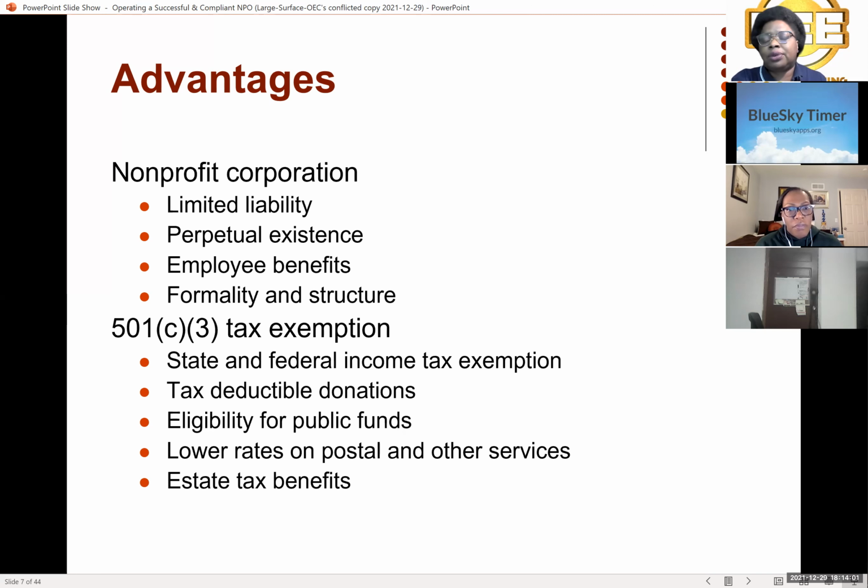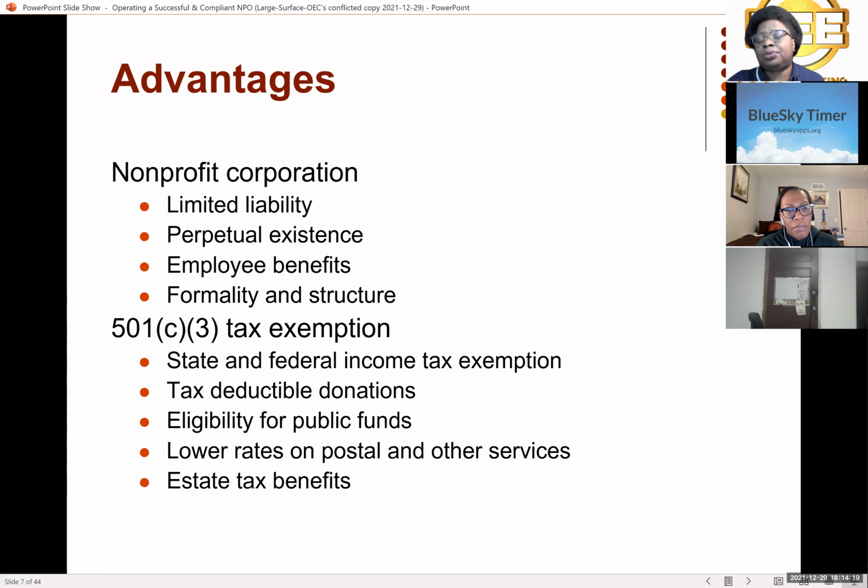As far as the 501(c)(3) tax exemption, you get federal and state income tax exemptions. You will have to check with your attorney or your accountant about local taxes. You get tax deductible donations. You're eligible for public funds.